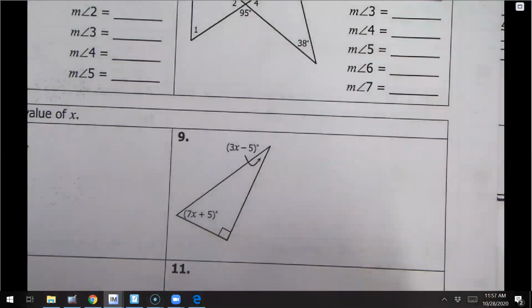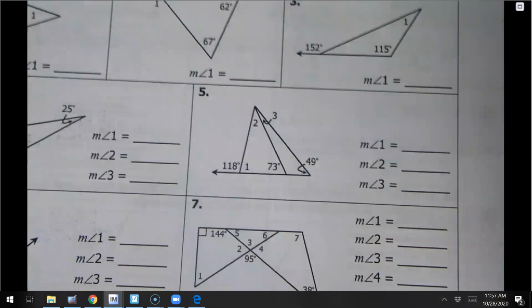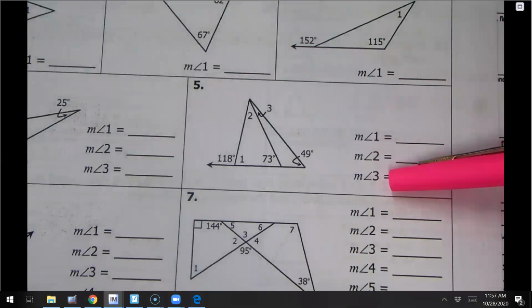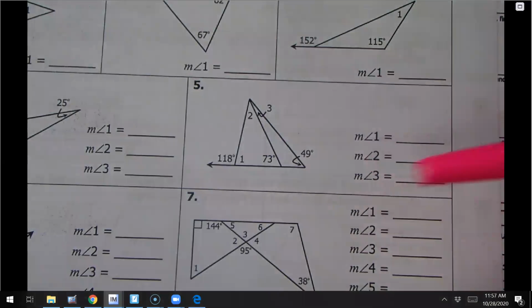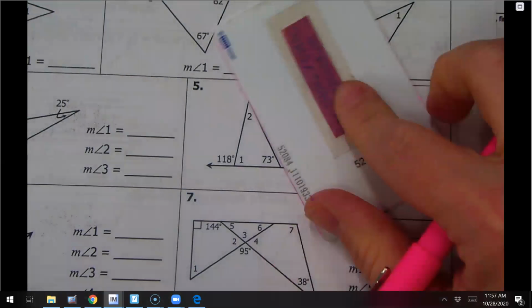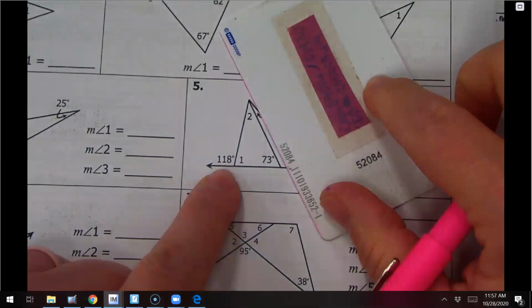All right. If we look at number 5, we've got a lot going on right here. Just because this says 1, 2, and 3, that doesn't mean that's the way you have to do it. You don't have to go to number 1 first. You can start with number 3 if you want. You do whatever's going to be easiest for you. So for me, I'm going to start with angle number 2, because I know that this exterior angle is 118.